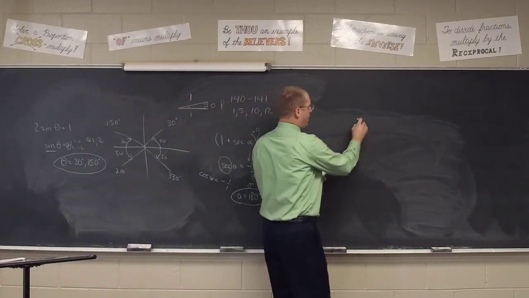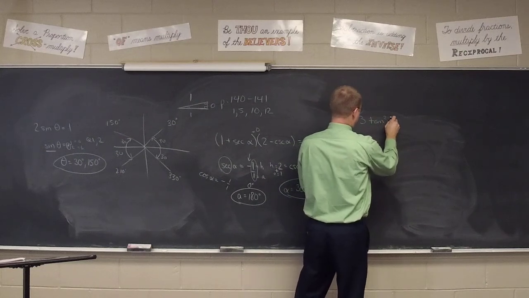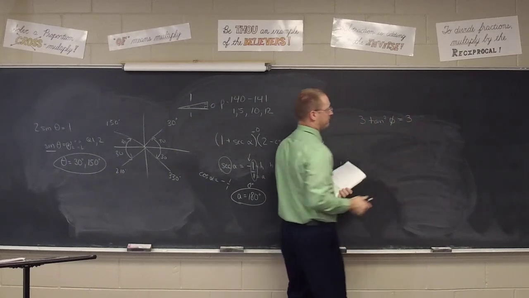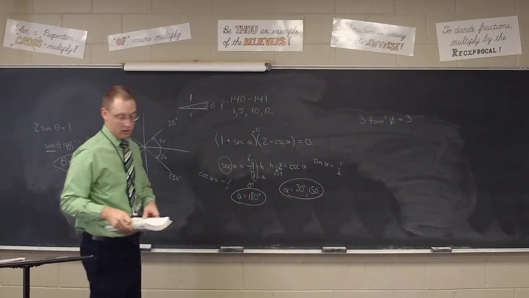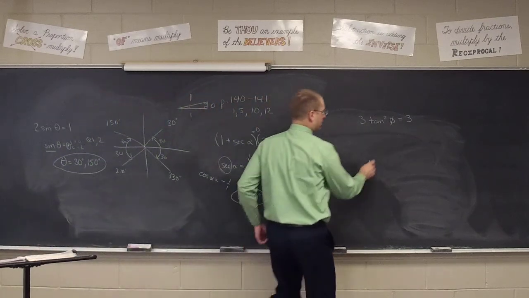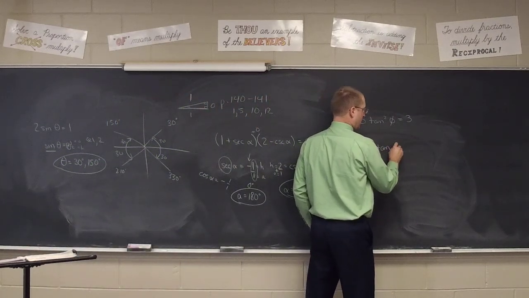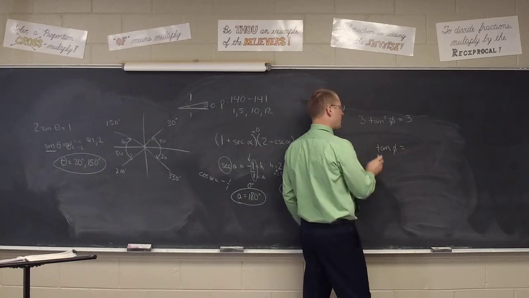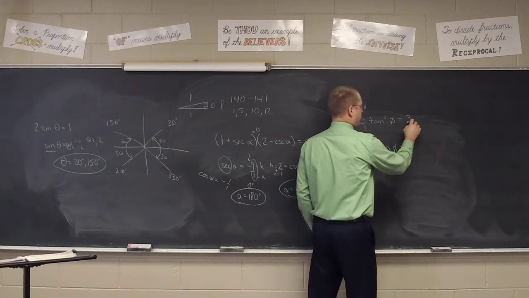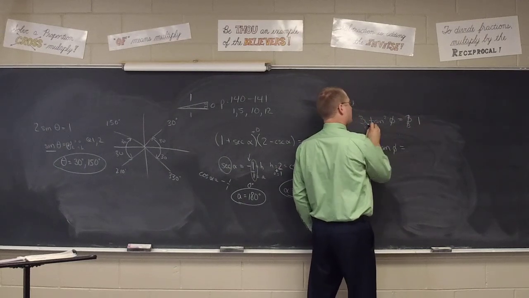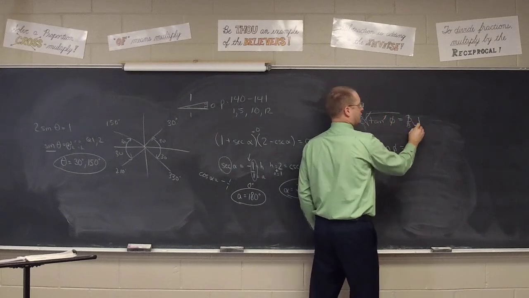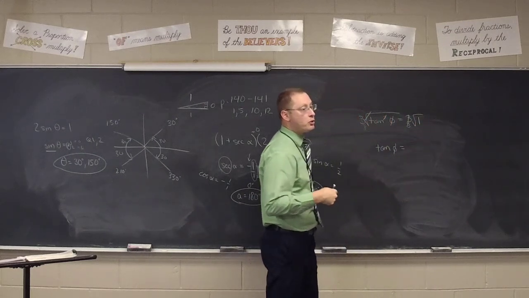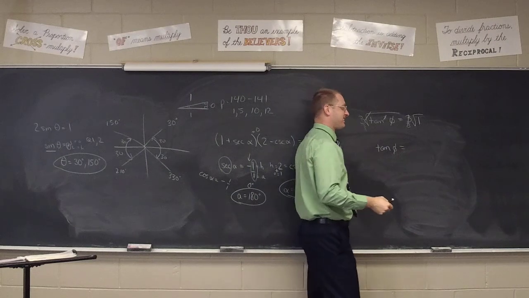Let's take a look at number 10 next. And Quentin, we've got 3 tangent squared phi equals 3. Divide away the 3 and then take the square root to get tangent phi equals 1. Or you divide by 3 to get 1, but when you take the square root to cancel away the squared, what are the square roots of 1?